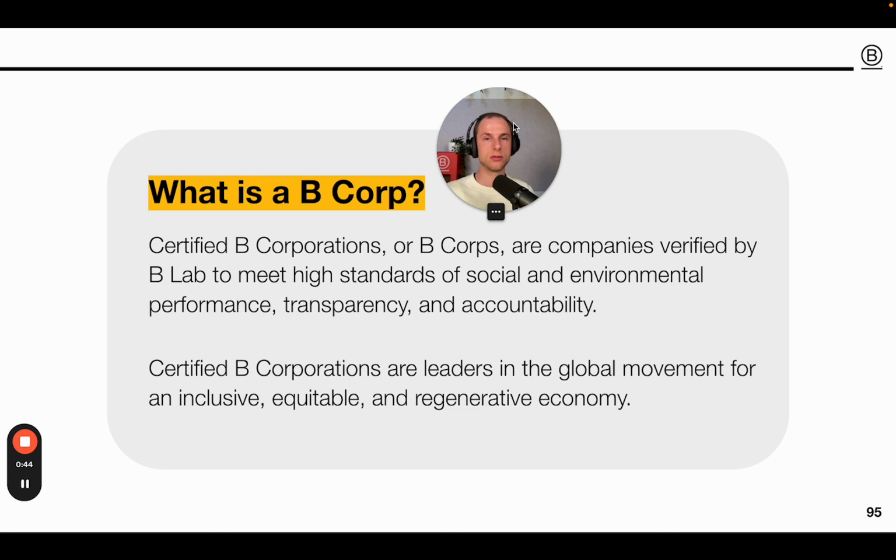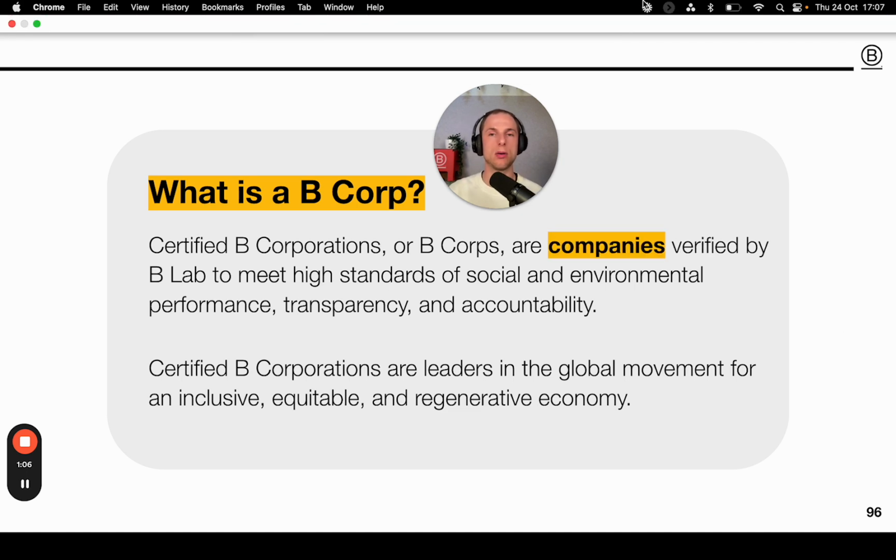Just to remind you, what exactly is a B Corp? I know we keep reminding you of this, but there's a little bit of a different emphasis every time. Certified B Corps are companies verified by B-Lab to meet high standards of social and environmental performance. So the key word here is companies.